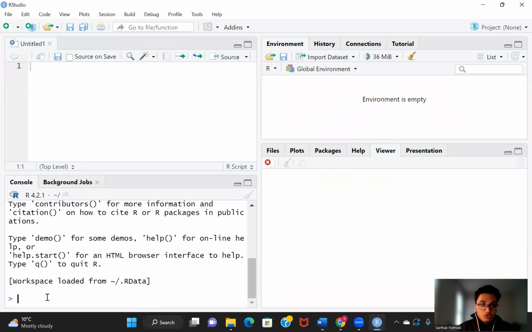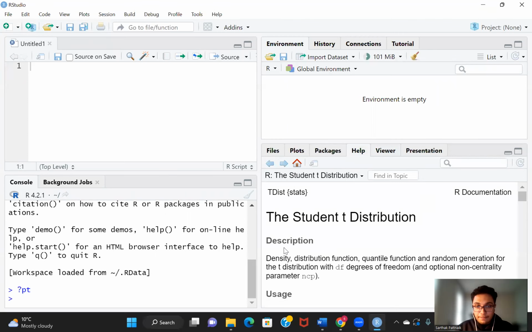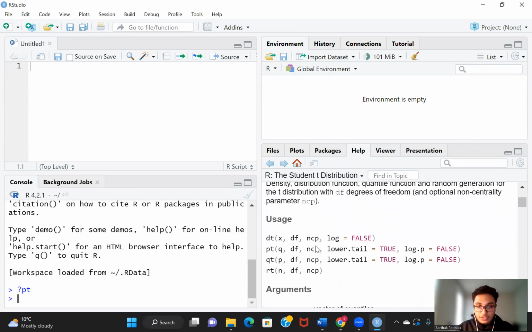Now, if you go to R and if you just write question mark PT, it gives you the student T distribution. And as we discussed last time when we were discussing p-norm, q-norm, d-norm, here we also have PT, QT, and DT. Now, PT, apart from accepting the value of the critical value or the point, it also wants another input referred to as the degree of freedom.